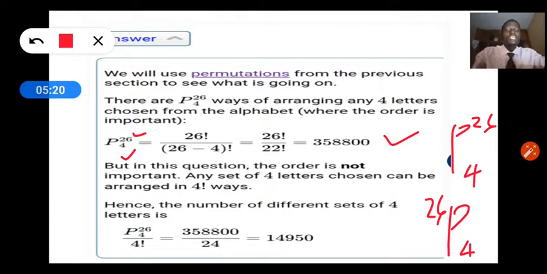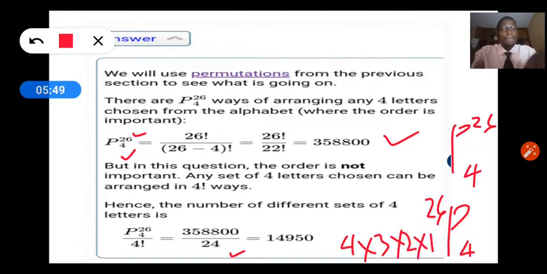These are the ones that are expected to be the same. And 4 factorial is 4 times 3 times 2 times 1, which gives us 24. So dividing, I have this.